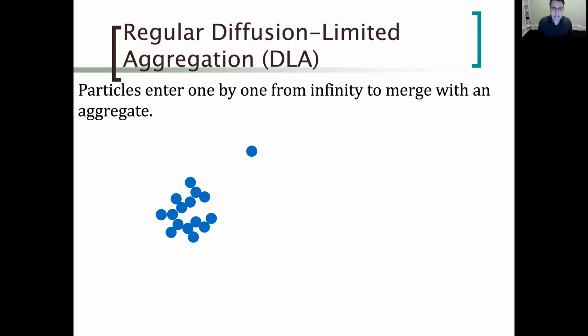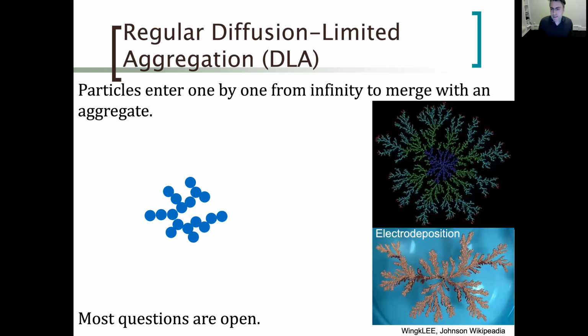Then we add in one more particle from infinity and let it do a random walk or diffusion until it hits the aggregate, and then it freezes and becomes part of the aggregate. So it's just growing one at a time.